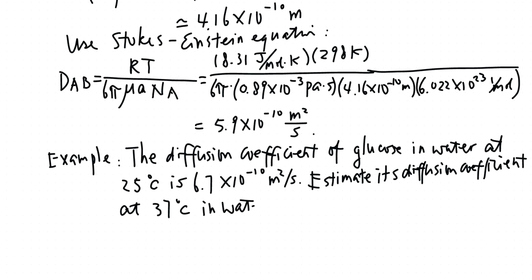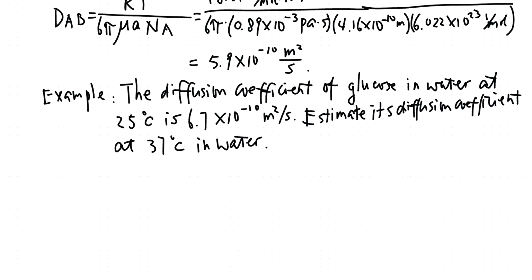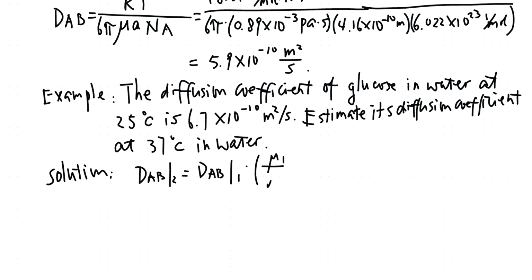So this problem is given in the format that you know the diffusion coefficient under one condition. You want to find its diffusion coefficient in another condition. So we can use the equation we had earlier. So you have D_AB at condition 2 equals D_AB at condition 1 multiplied by mu1 divided by mu2 and multiplied by T2 divided by T1. Now we plug in the numbers.